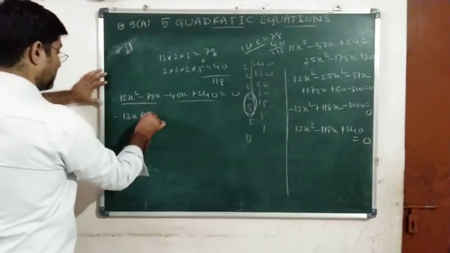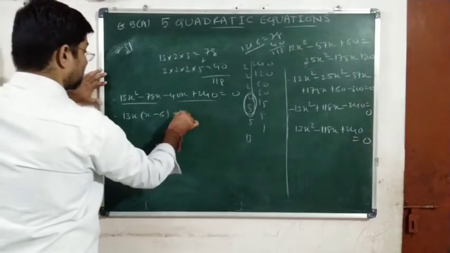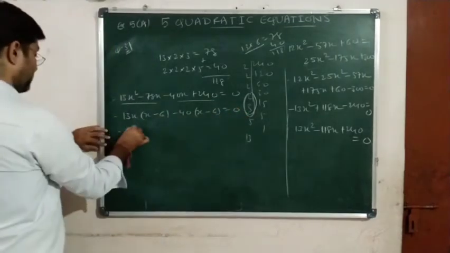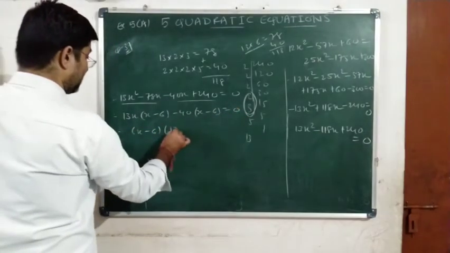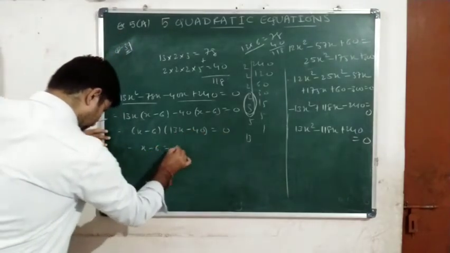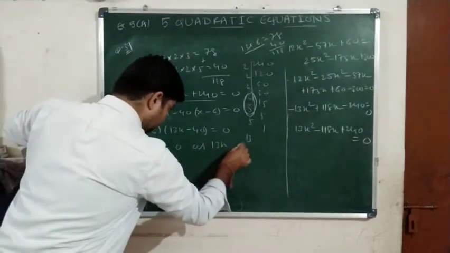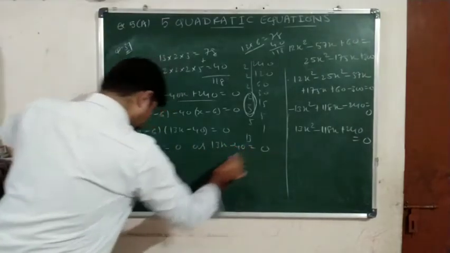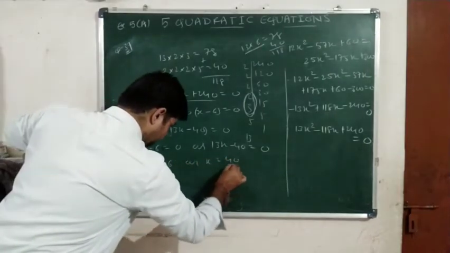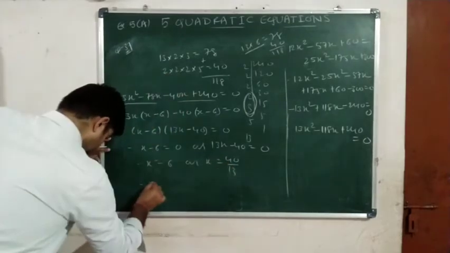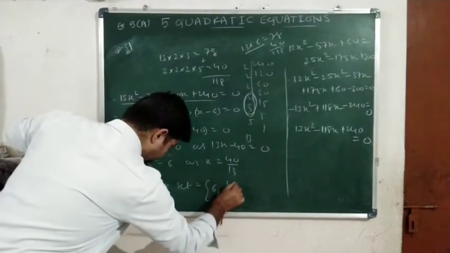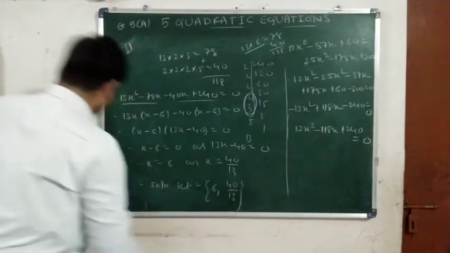Therefore 13x taking common, x minus 6 minus 40 x minus 6, therefore x minus 6 into 13x minus 40. Therefore x minus 6 is equal to 0, or 13x minus 40 is equal to 0, therefore x is equal to 6, or x is equal to 40 upon 13. Therefore solution set is 6 comma 40 by 13.